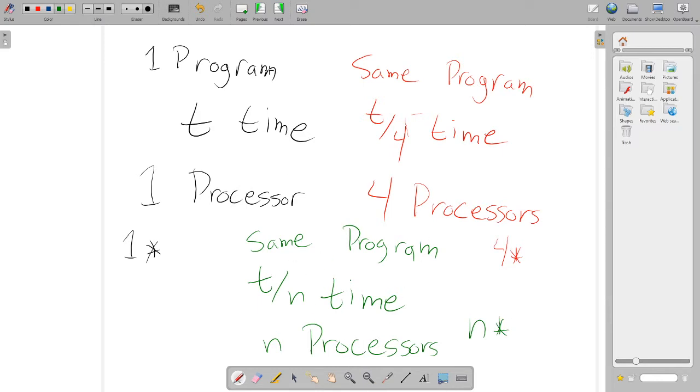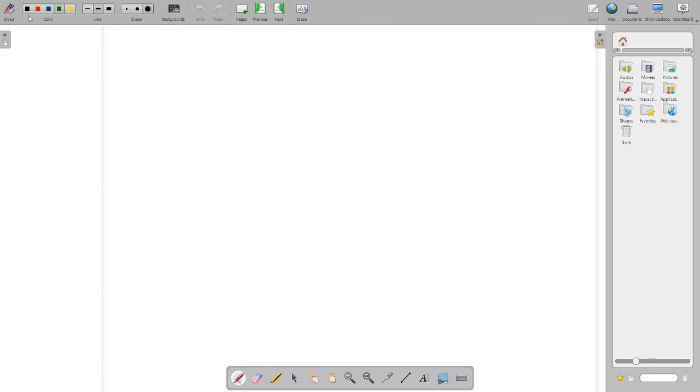Okay, so let's just open a new page here. Let's say we want to figure out how much speed up we're going to get with a process or a program.